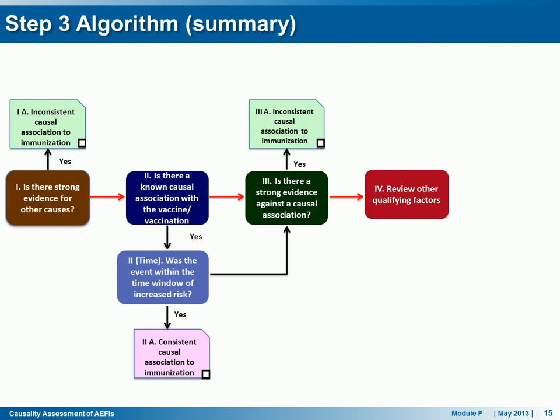We have reached the last part of the algorithm, where we review other qualifying factors. And at that point in time, we would be able to ask ourselves, is this event classifiable?